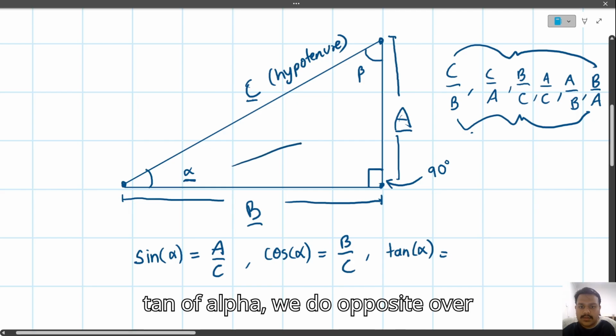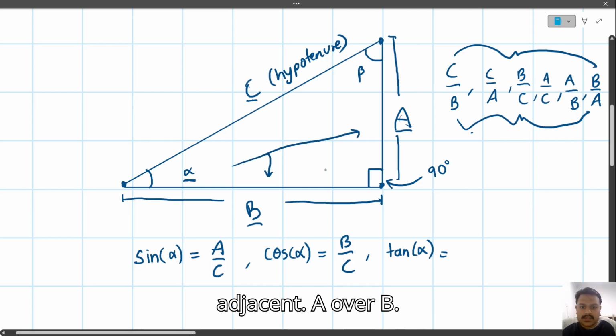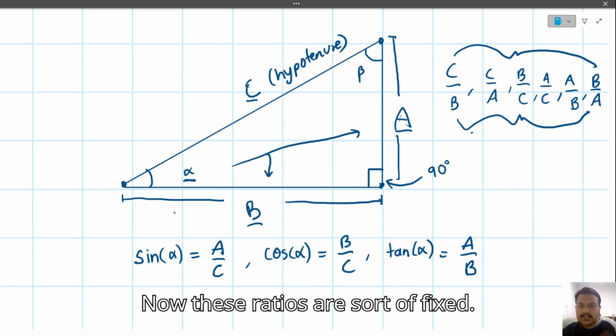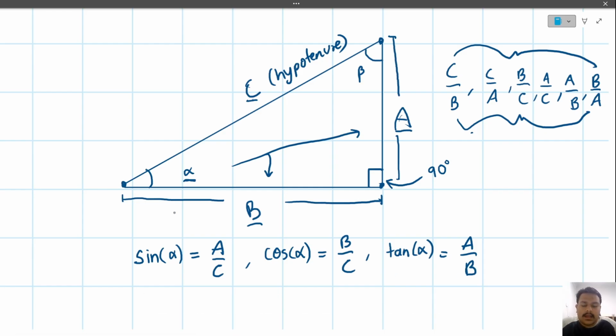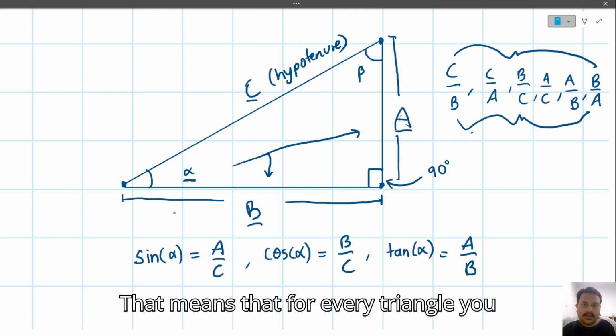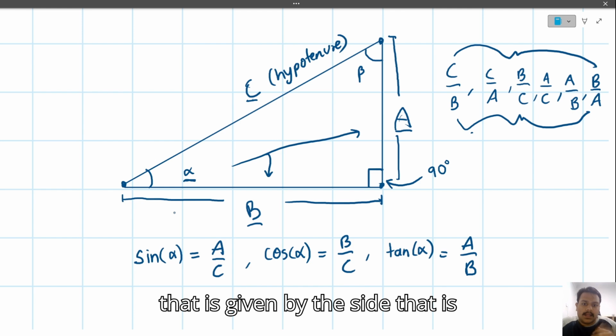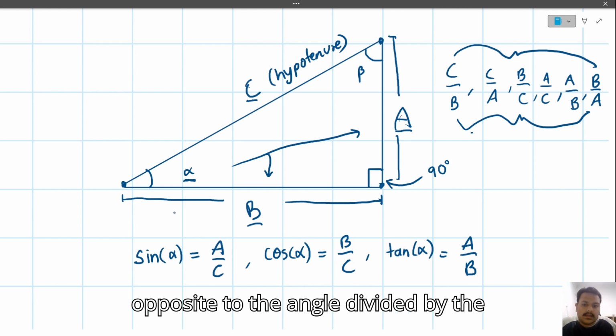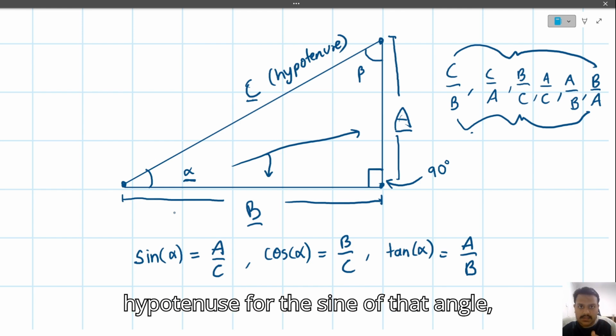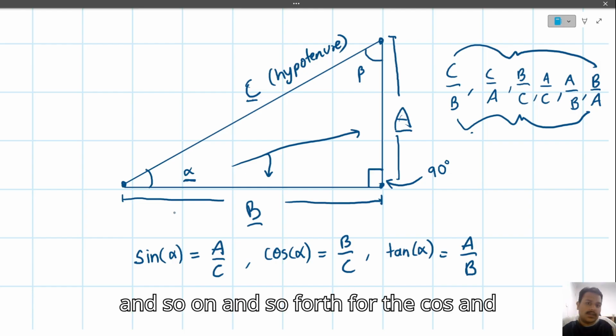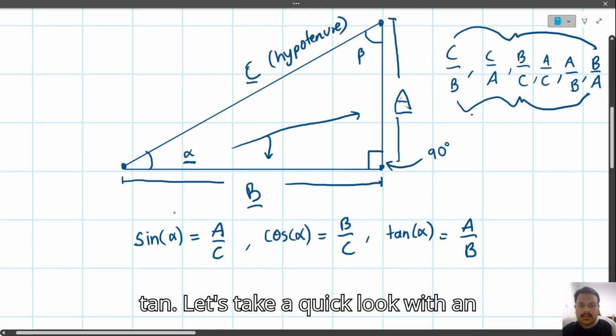For tan of alpha, we do opposite over adjacent, A over B. Now, these ratios are fixed. That means that for every triangle, you can always find the sine of any angle, given by the side opposite to the angle divided by the hypotenuse, and so on and so forth for cos and tan.